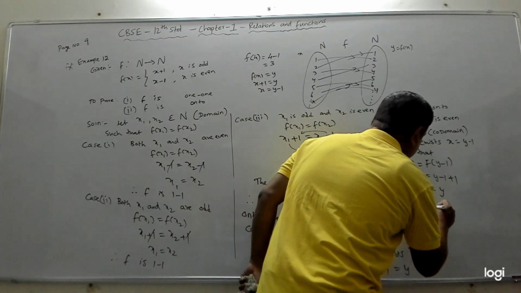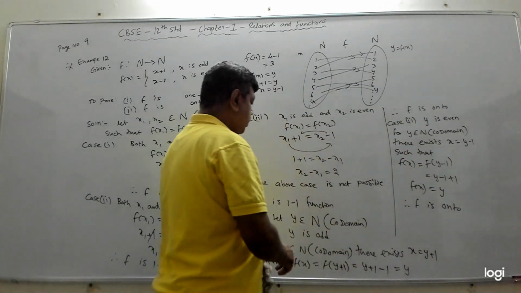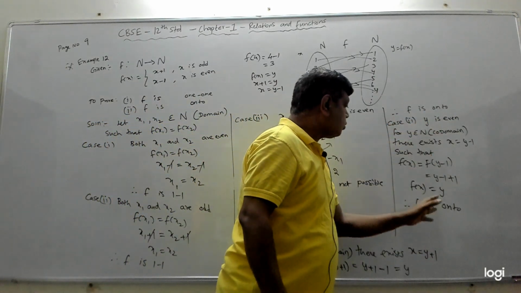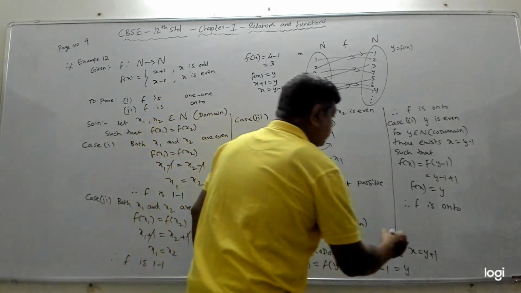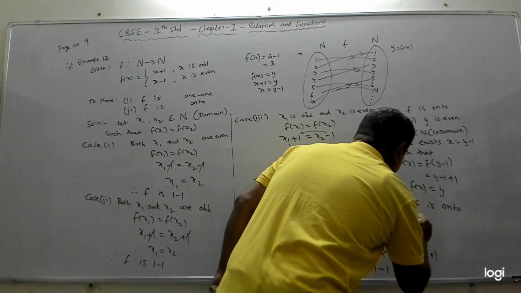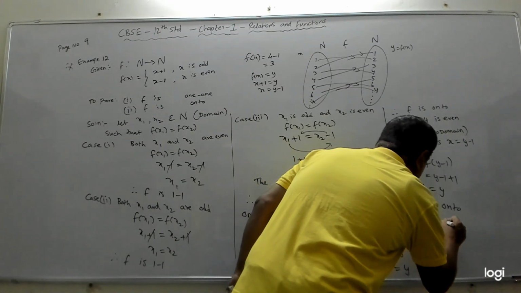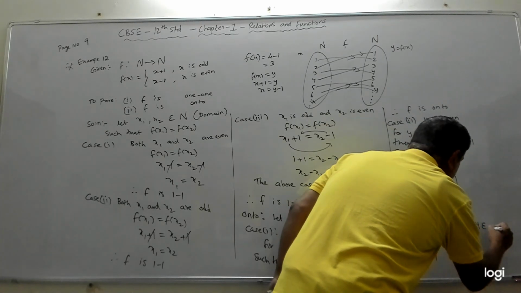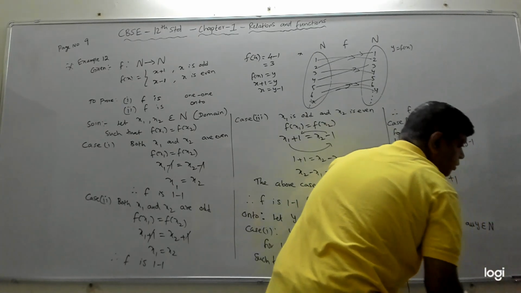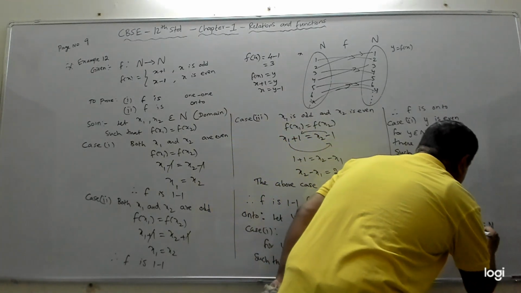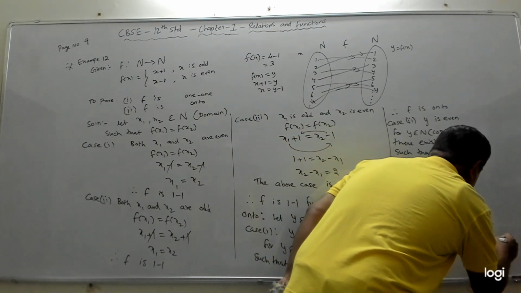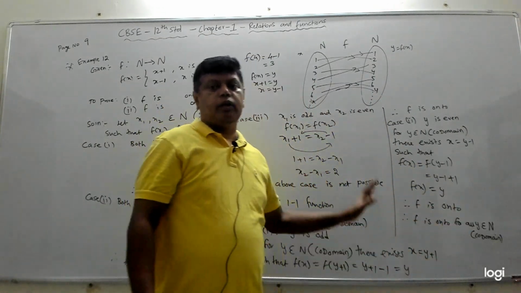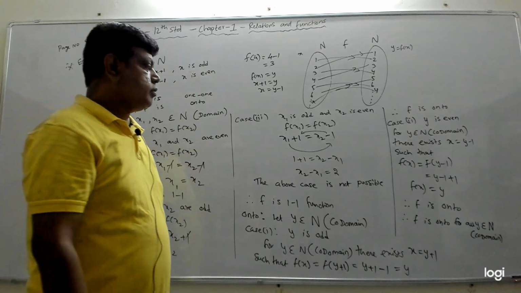Therefore, f is onto. So for case 1 we got f as onto, and for case 2 also we have got f as onto. Right? Therefore, f is onto for all y belonging to N, which is the codomain.